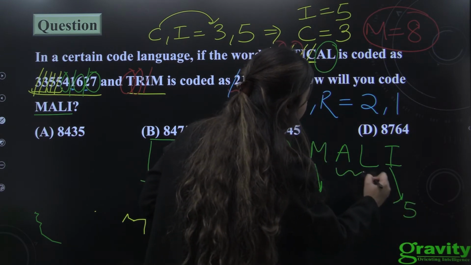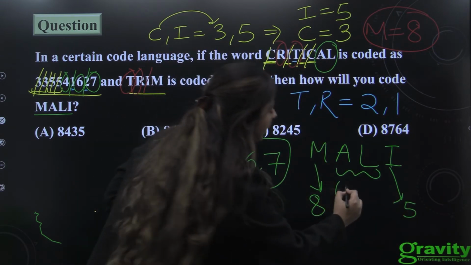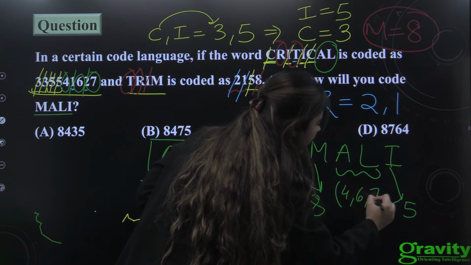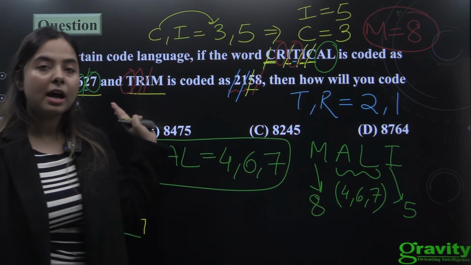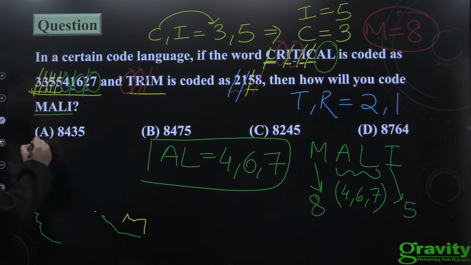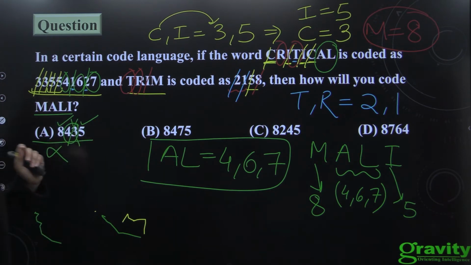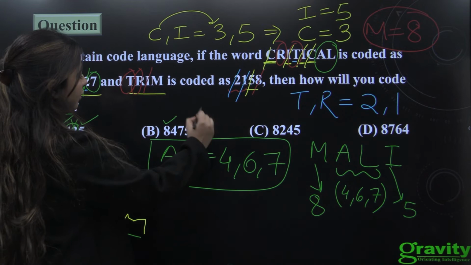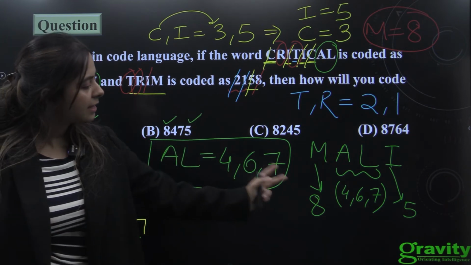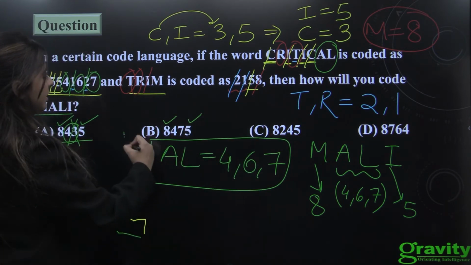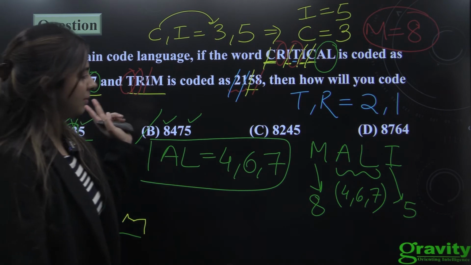Now for A and L, any two among 4, 6 and 7 should appear in our options. Look at the first one, 8, 5 present, 8 present, 4 present, 3 we do not need a 3. This cannot be our option. 8 present, 5 present, 4 and 7. 2 among 4, 6, 7. This is our correct option.